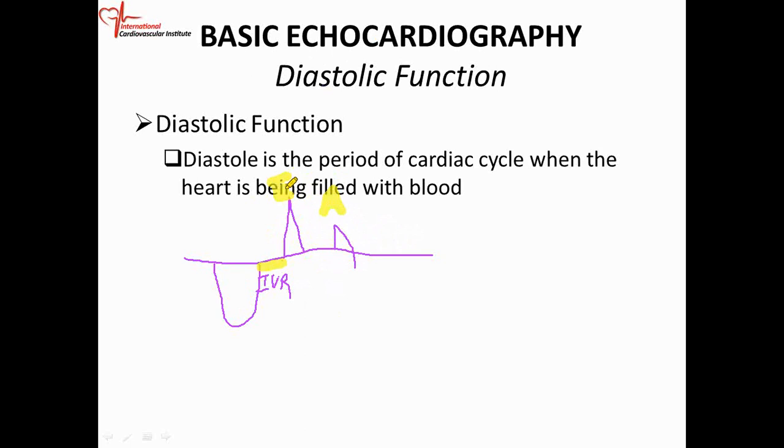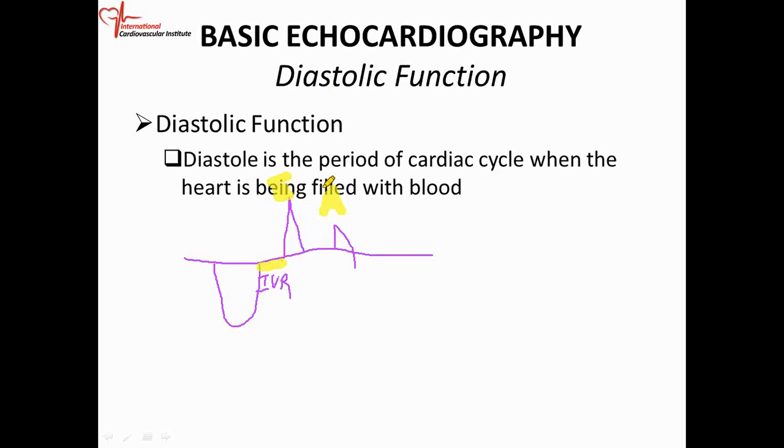Deceleration time is from the peak E to the baseline, and the computer will give you the measurements. Also, you measure the A velocity, but you can also measure the A duration.